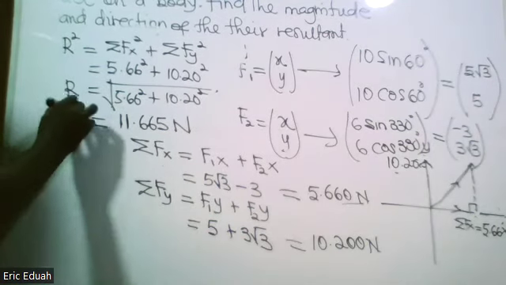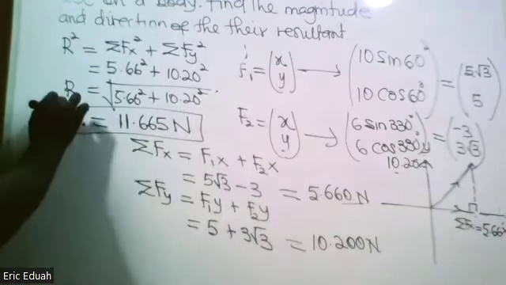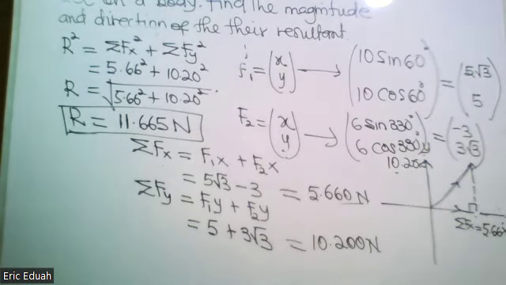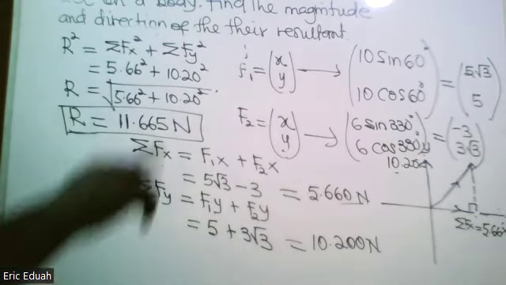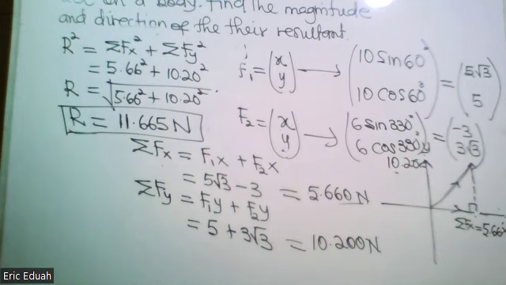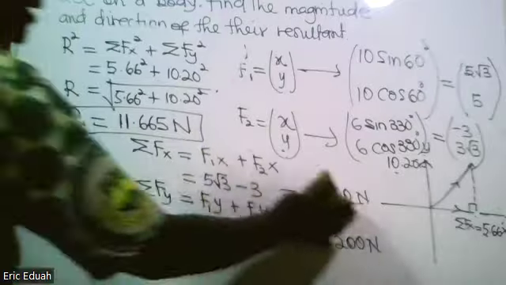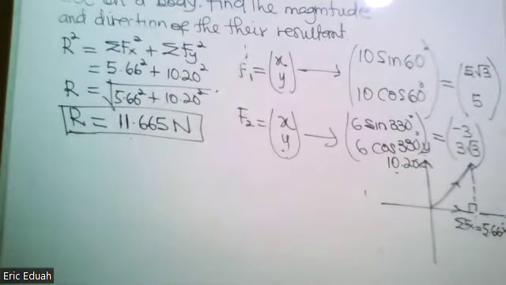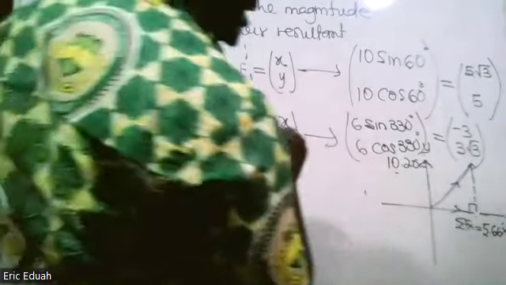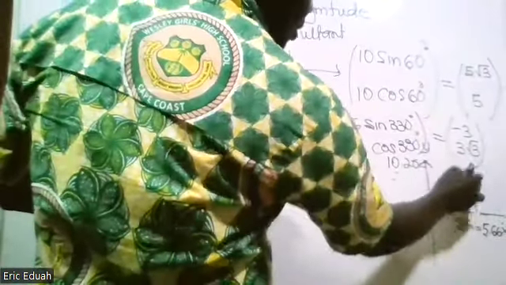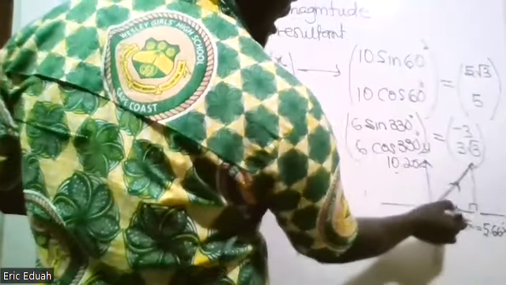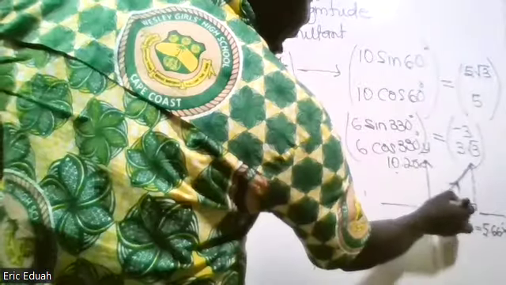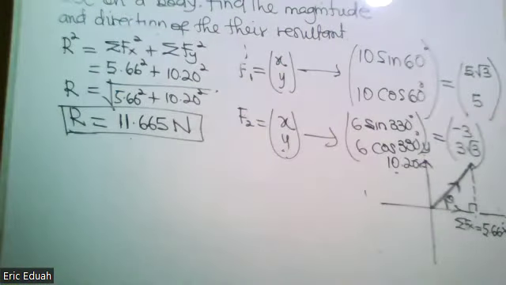So this is the magnitude of the resultant. That's the resultant when the two forces act in that manner. Now direction. Once we have this, look at where the resultant is heading towards, it is moving up. So the angle it makes with the x-axis becomes its direction.